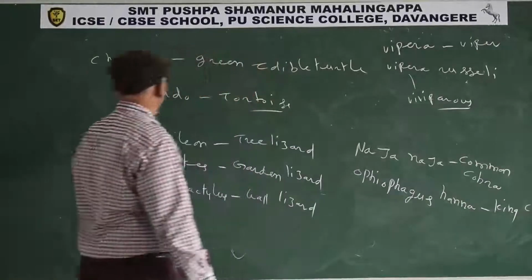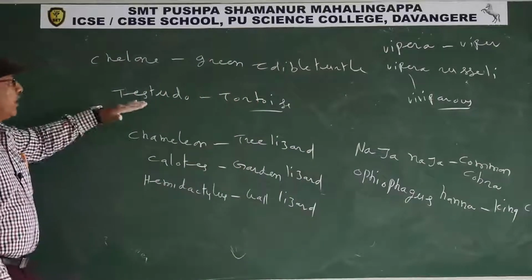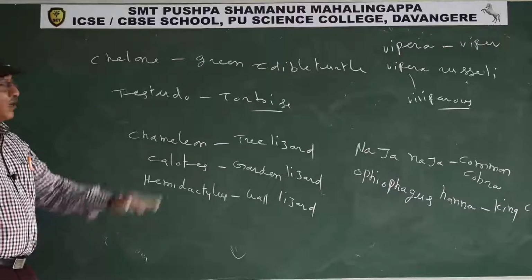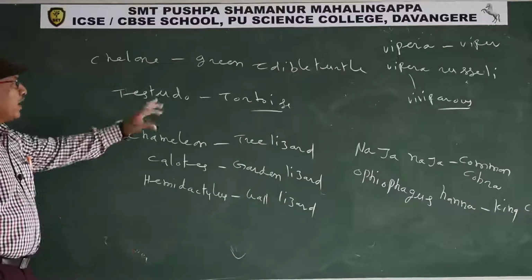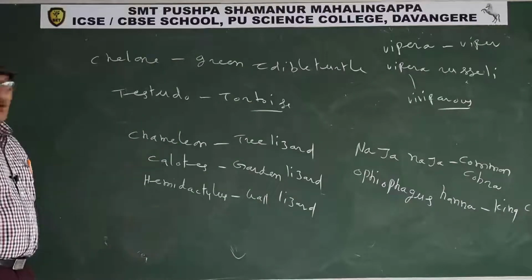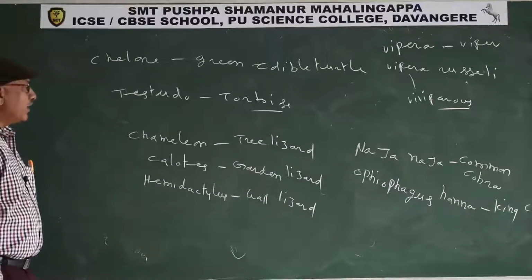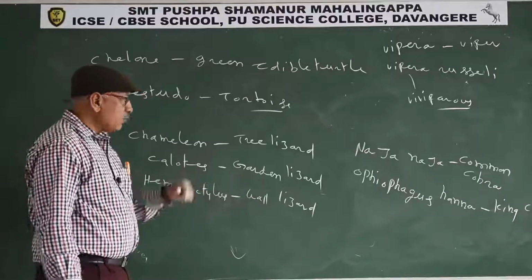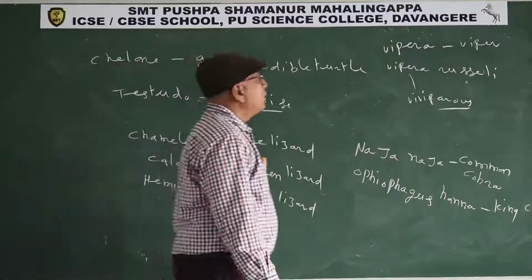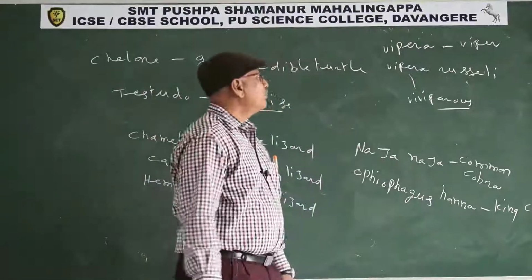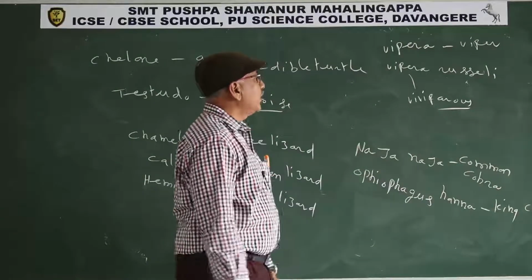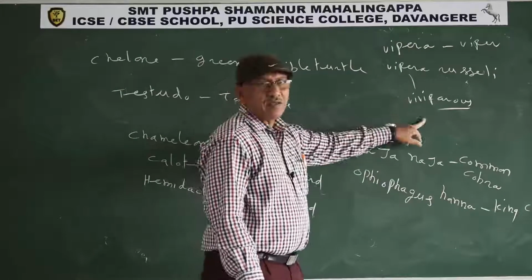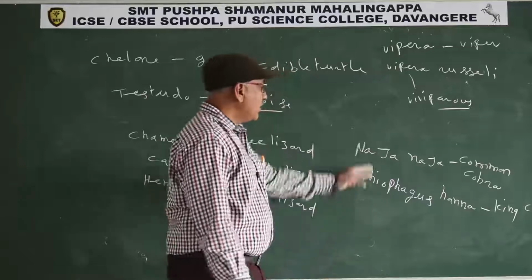So examples: Chelone, green edible turtle; Testudo, tortoise. Tortoise has the longest lifespan, nearly 400 years. Chameleon, tree lizard; Calotes, garden lizard; Hemidactylus, wall lizard. Vipera is the largest viper. Scientific name Vipera russelli. It is viviparous, gives birth to young ones.